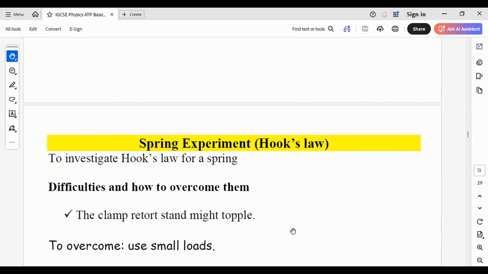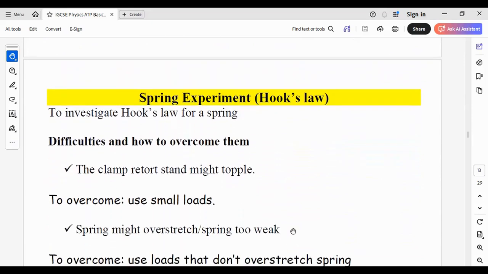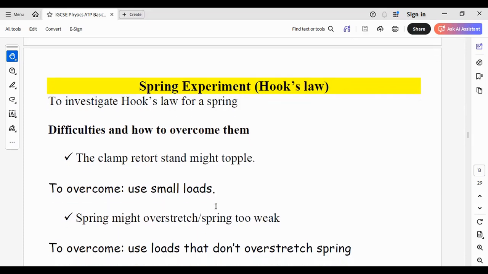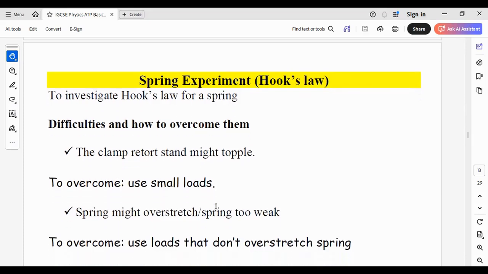Let's move towards the spring experiment, or Hooke's law: difficulties and how to overcome them. For example, the student is investigating Hooke's law for a spring. The clamp, retort stand might topple. To overcome that, use small loads. The spring might stretch or be too weak.